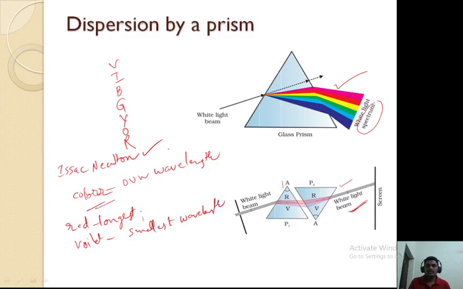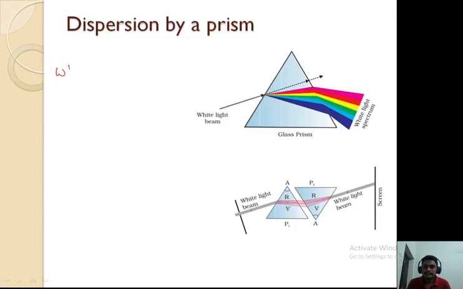So the question is why this dispersion phenomenon takes place. Why does dispersion of light take place when it passes through the prism? Because the refractive index of the medium is a function of the wavelength.